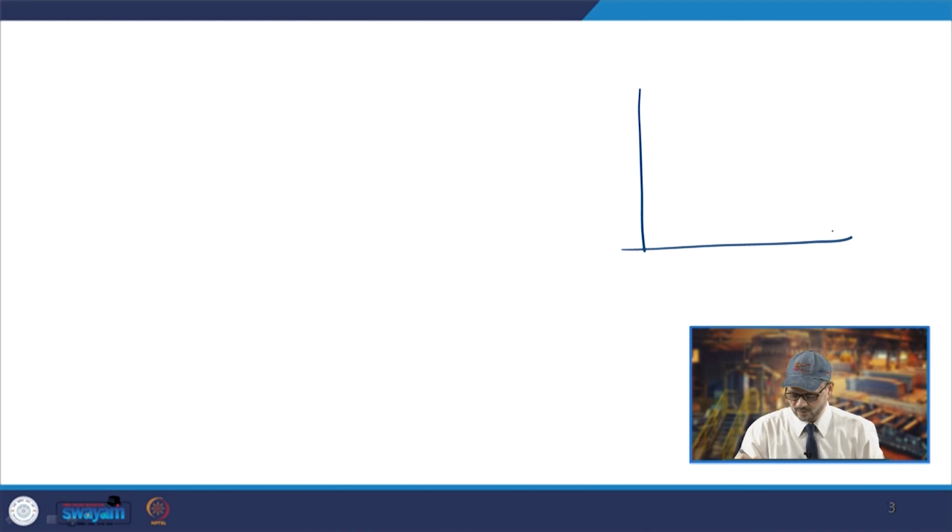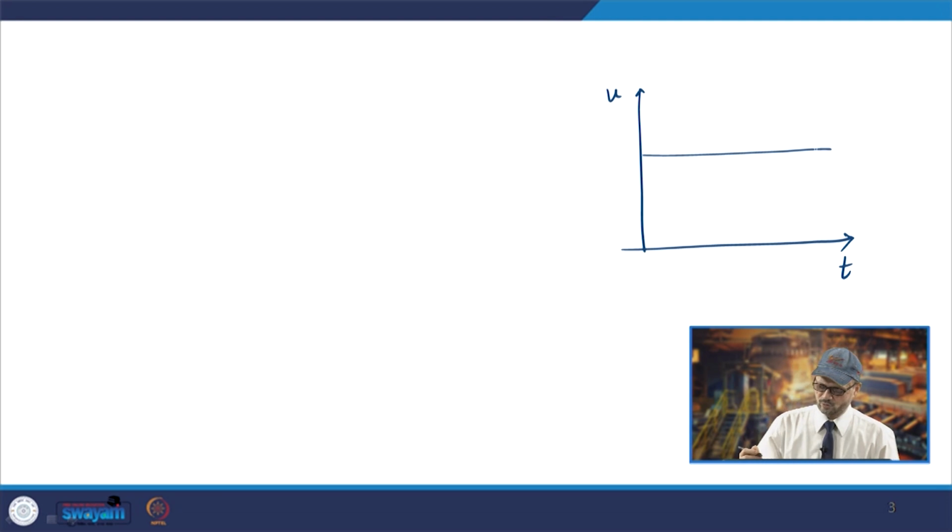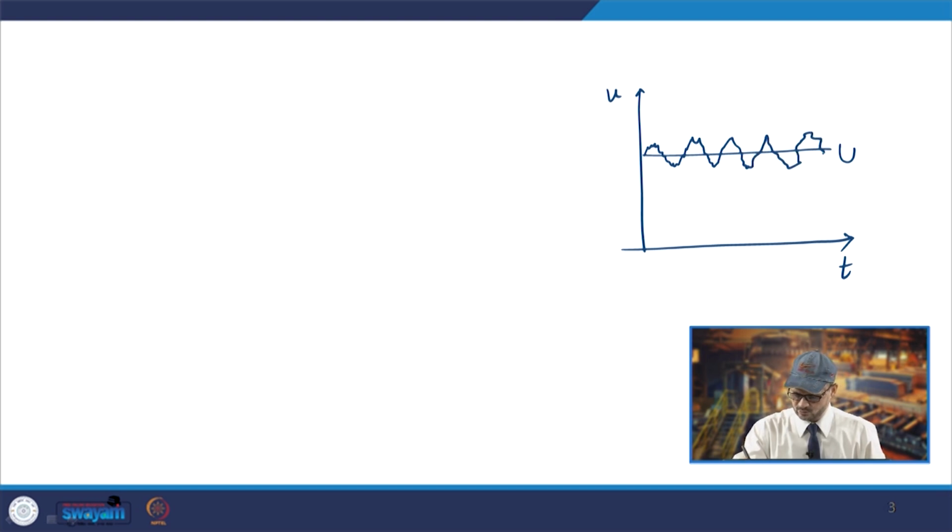If you look at the velocity measurement in a turbulent flow, with time on one axis and velocity u on the other, the actual flow will be fluctuating. In the normal case you can assume it fluctuates over a certain steady state mean value, u.